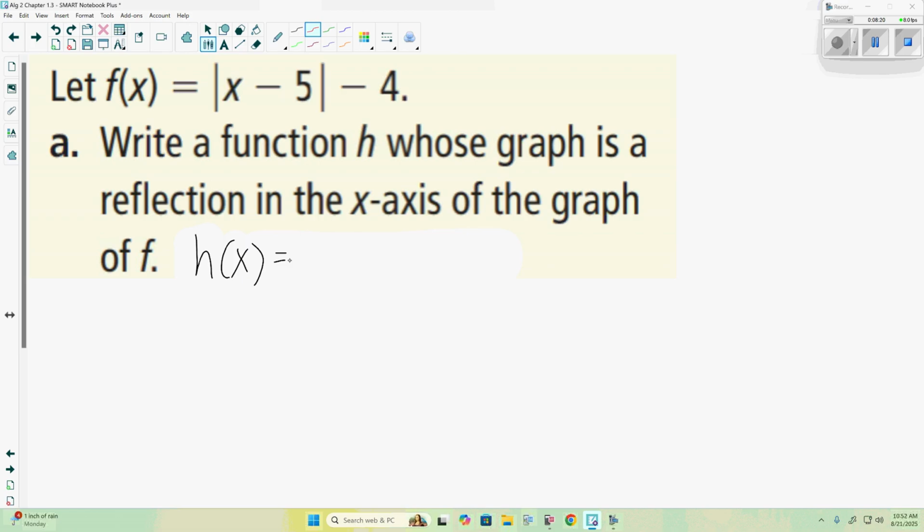Now for this here, it told us to write a function h whose graph is a reflection in the x-axis. Our general form for a reflection in the x-axis is negative f of x. And again, we're using f for this part because we're applying it to the function f of x.